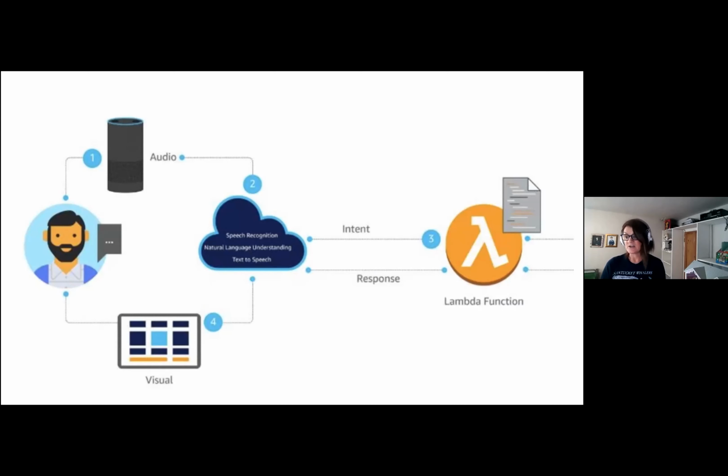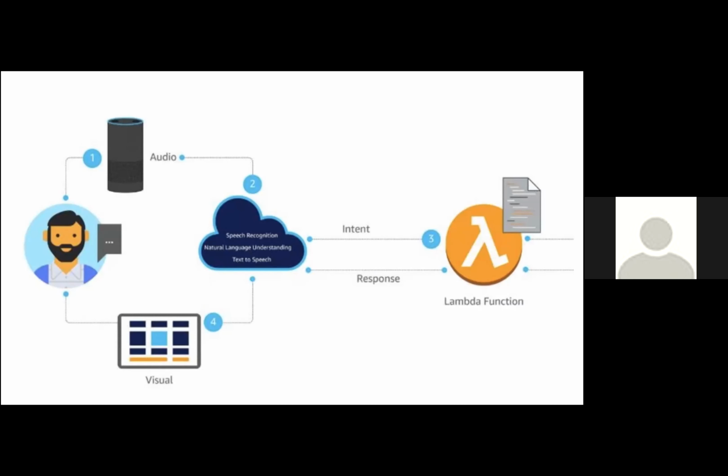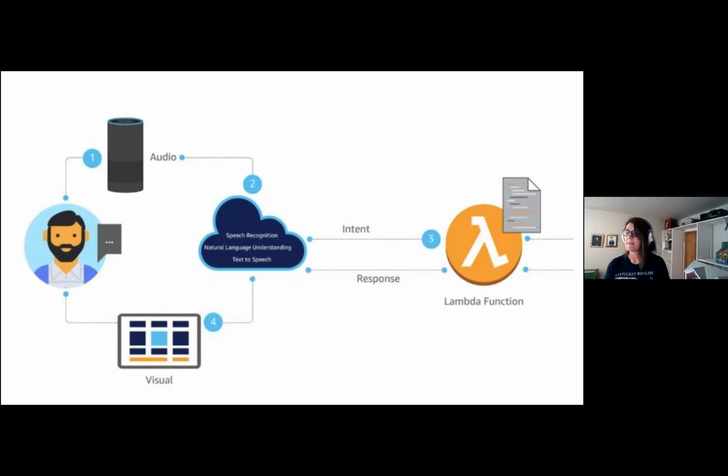Alexa uses NLU, I know Wendy talked about that, natural language understanding, to try and understand the user's intention. It uses speech to text under the hood, all for you, and speech recognition. It then sends, on point number 3 there, the event, which is called an intent, to the Lambda. This triggers the Lambda.